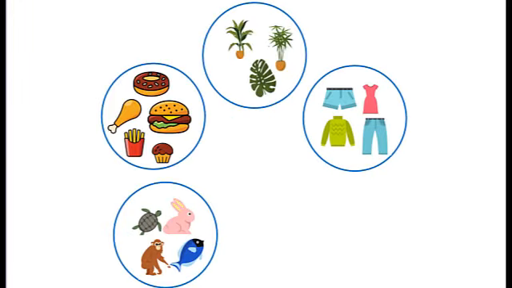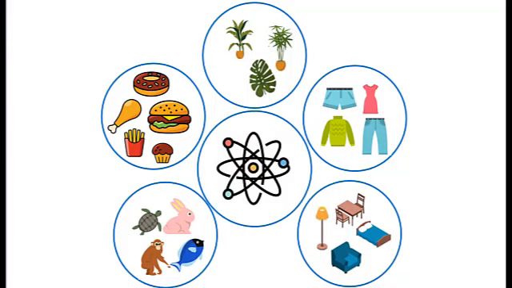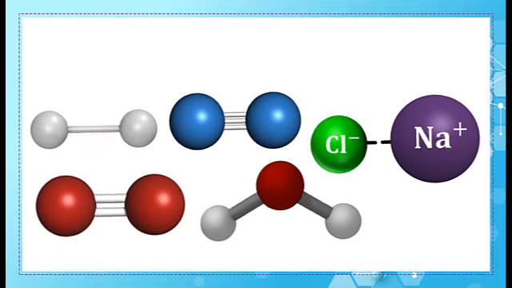Almost everything we see or touch in our daily life is made up of atoms. But these atoms are not always isolated, rather they are transformed into compounds as a result of chemical bonds. Consider these compounds.